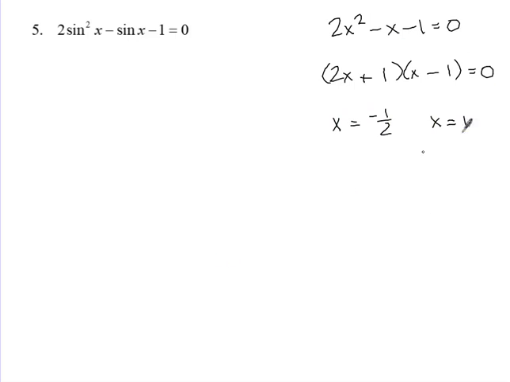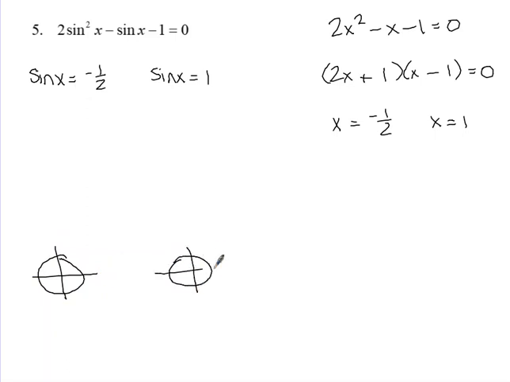So we can use this, and we have sine of x equals negative 1/2 and sine of x equals 1. So we just need to think about the unit circle. Sine of x equals negative 1/2 at these 2 points. Sine of x equals 1 at 1 point.